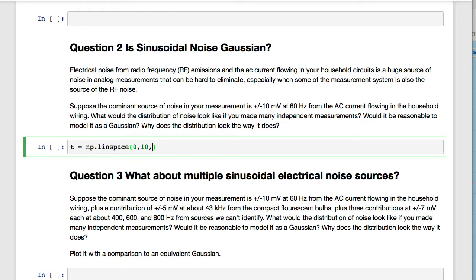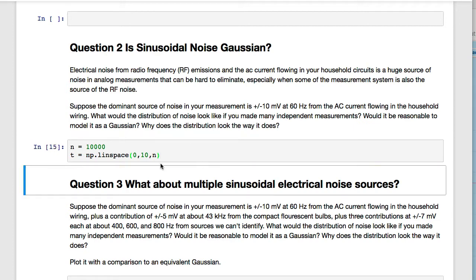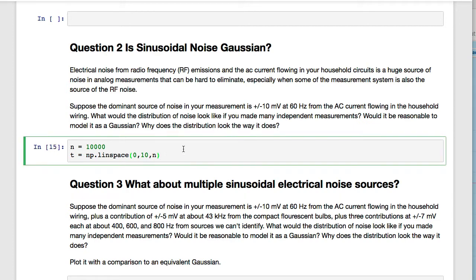And let's make sure we've got lots of samples, so I'll take 10,000 samples. We saw before that having a value n that we could change and move around made sense, so let's make n equal to 10,000. If I run that, it looks like it ran okay.